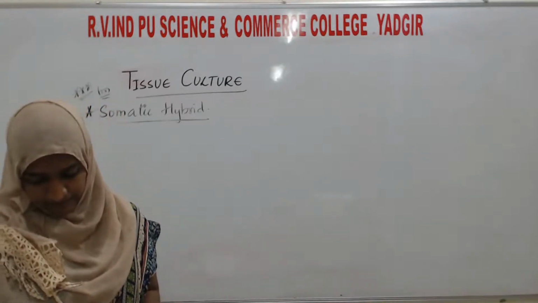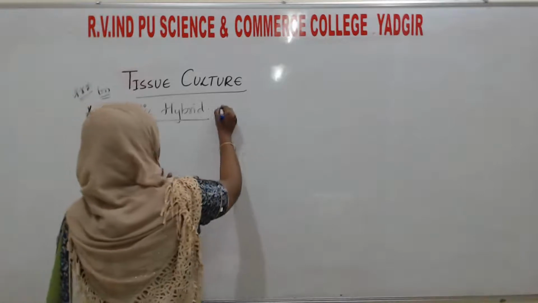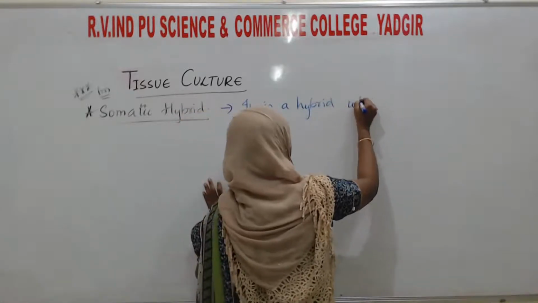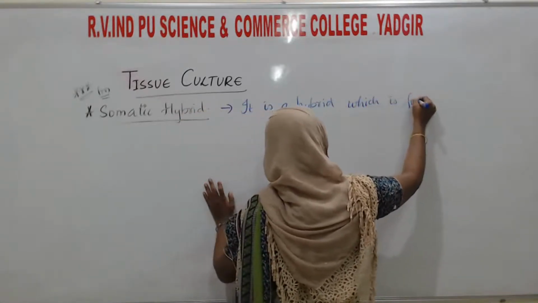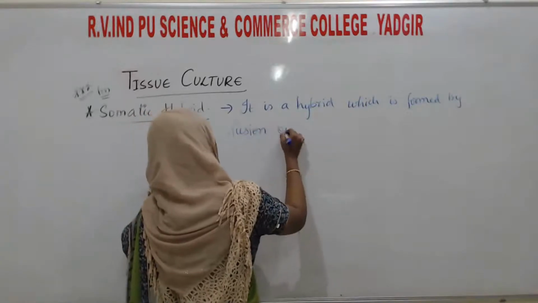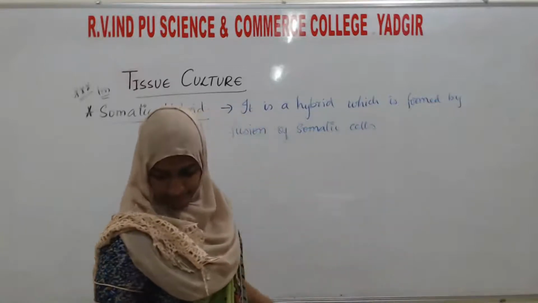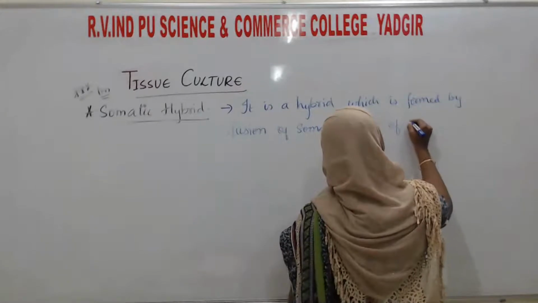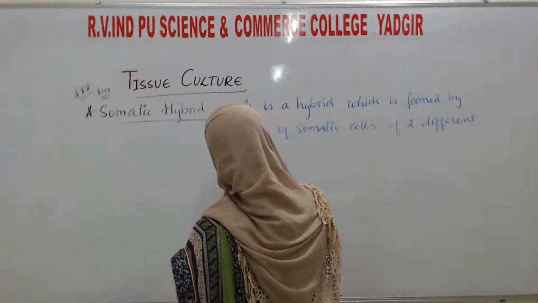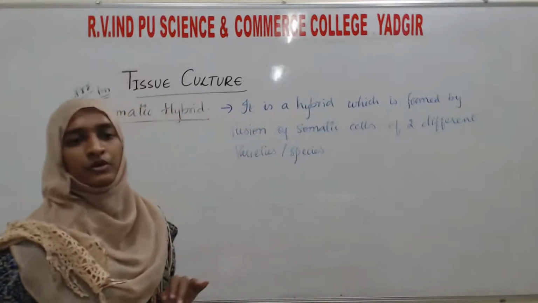It is a hybrid formed by the fusion of somatic cells of two different varieties or species. That is known as the somatic hybrid.